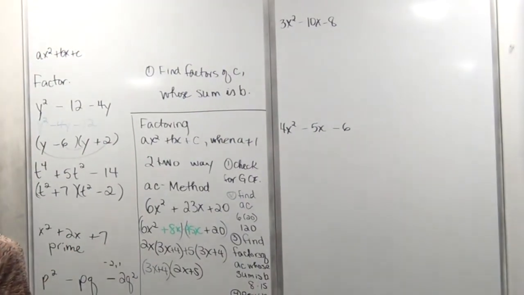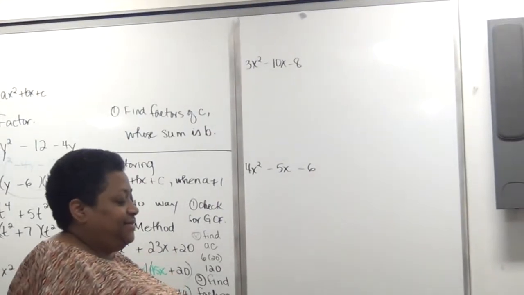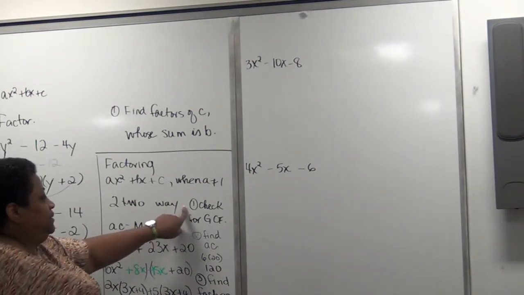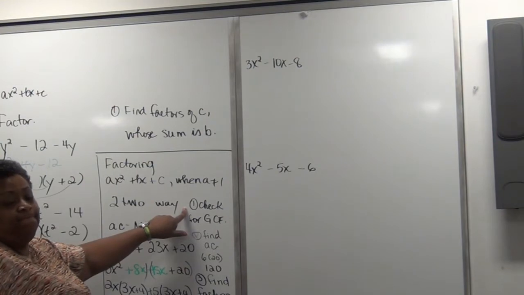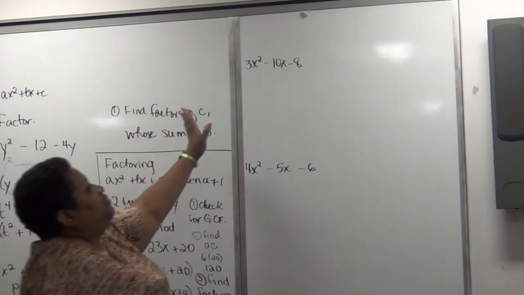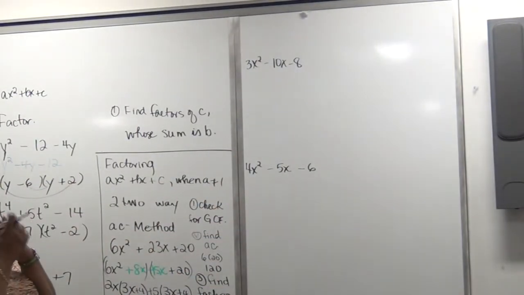Now a new problem: 3x squared minus 10x minus 8. Number 1, check for the GCF. Is there one? Is there something that will divide into all 3 of these terms?